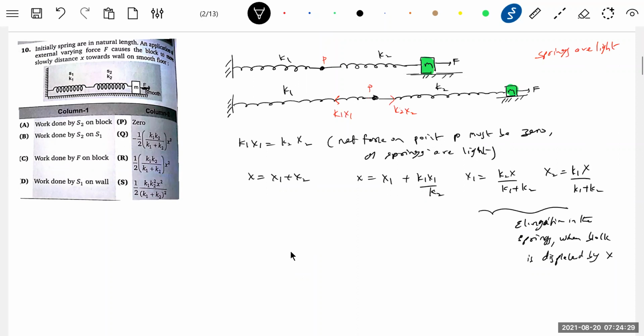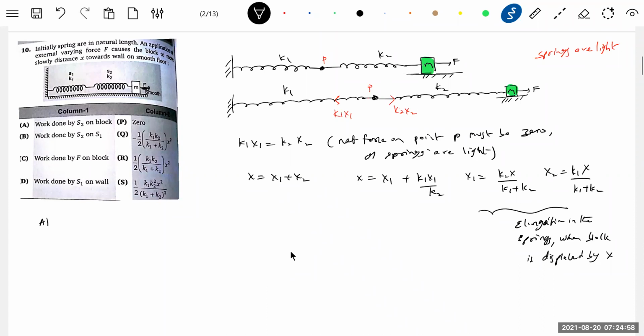And now first one, work done by the spring 2 on spring 1 we will take. I'll start with work done by S2 on the block.